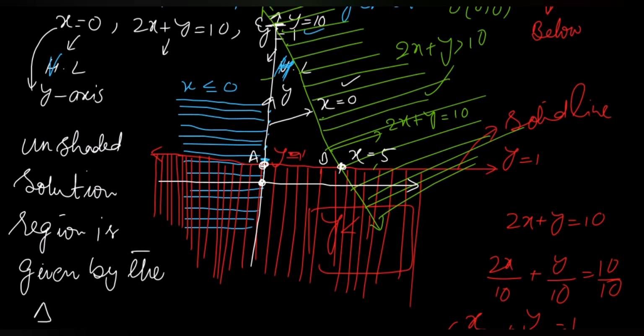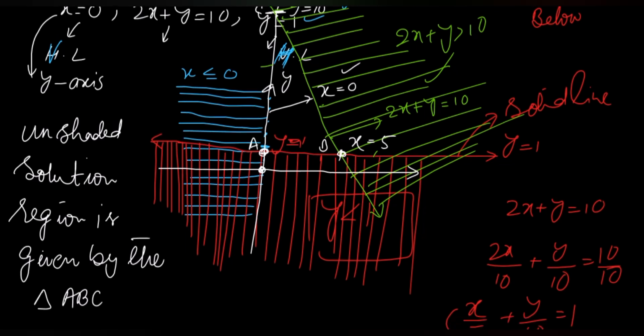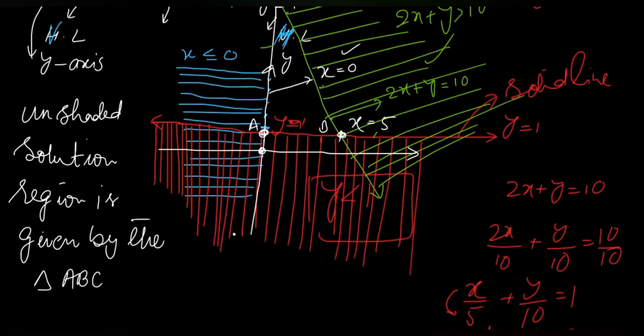This is your triangle ABC. This triangle ABC represents the unshaded solution region that satisfies the given inequalities.